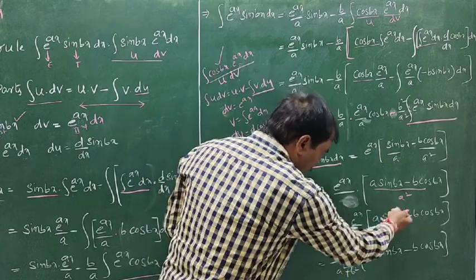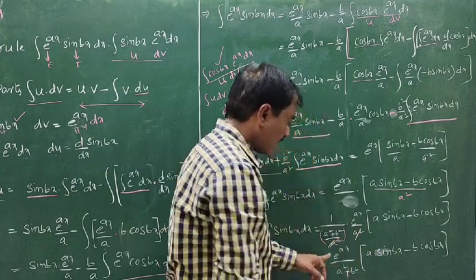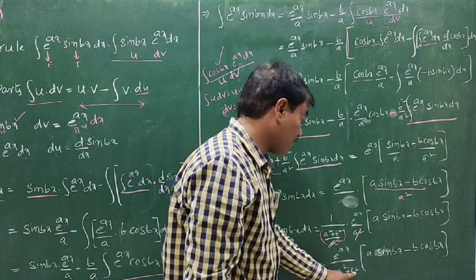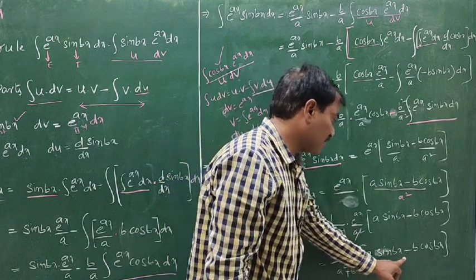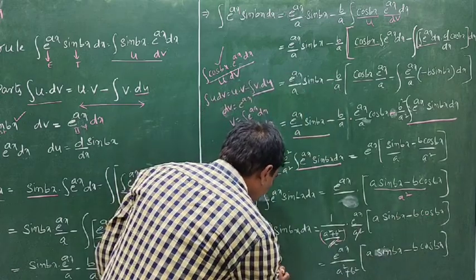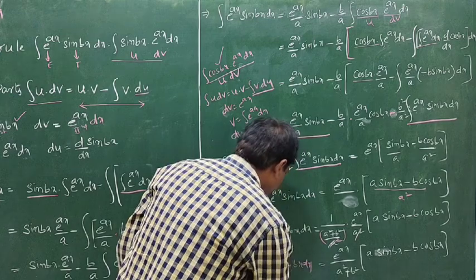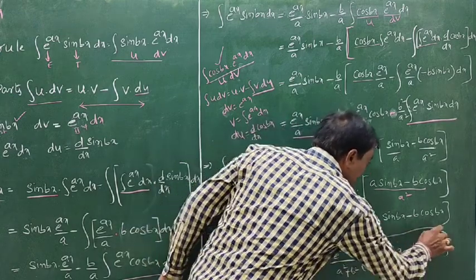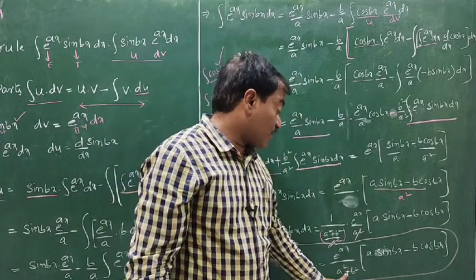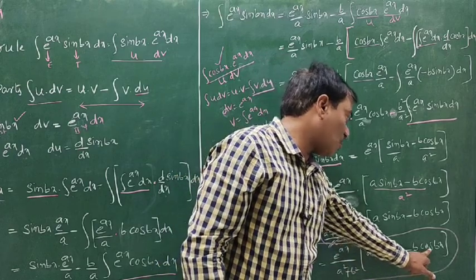Here we take a square common, so we get one more a square, and the a square cancels. Finally we get e power ax by a square plus b square into a sin bx minus b cos bx. So the integral e power ax sin bx dx equals e power ax by a square plus b square into a sin bx minus b cos bx. This is the formula.